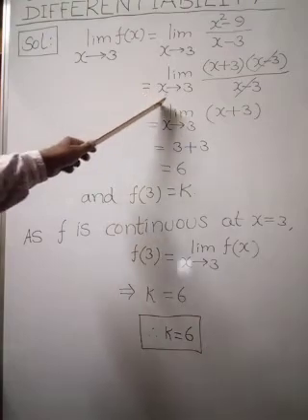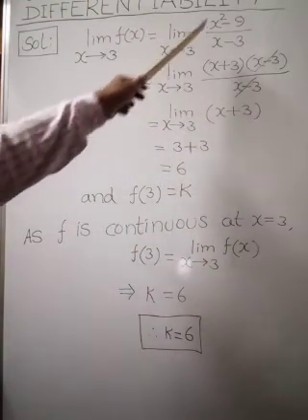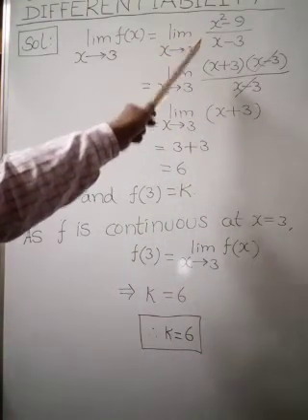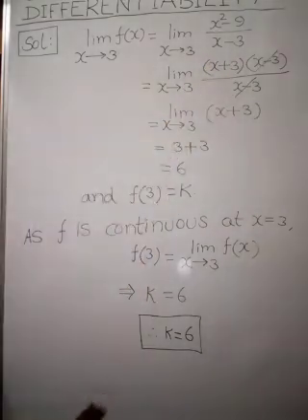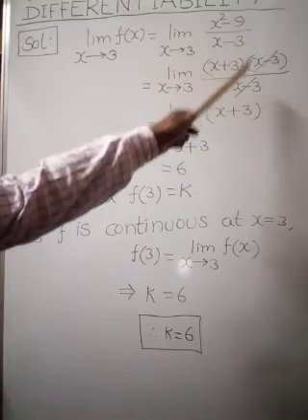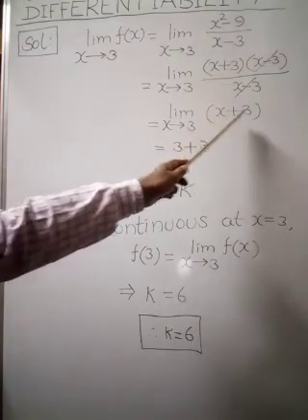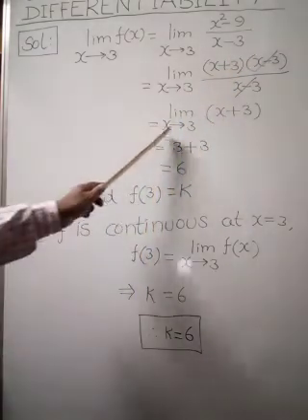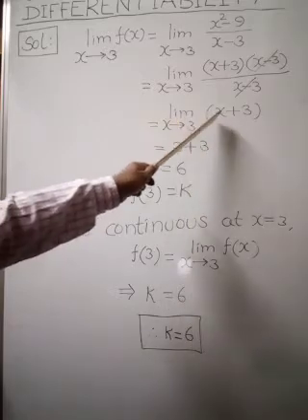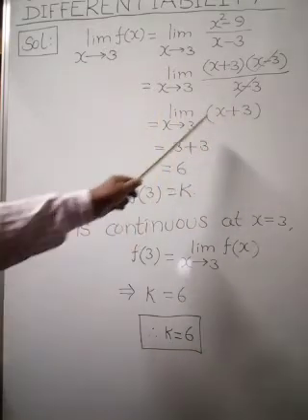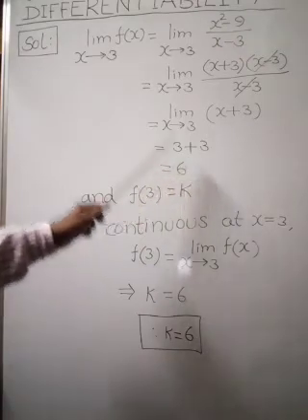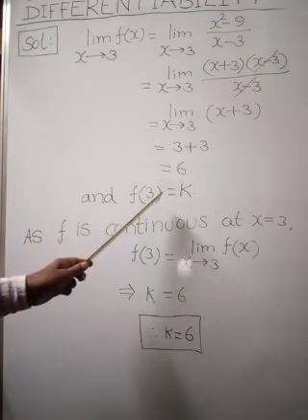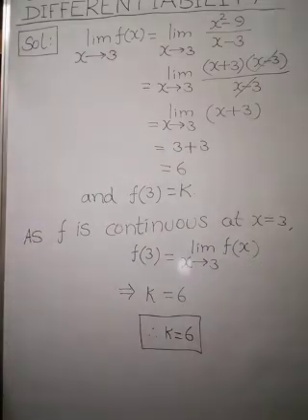That is equal to, as x tends to 3, limit numerator can be written as x plus 3 into x minus 3 whole divided by x minus 3. By striking out x minus 3, we get here only x plus 3. So as x tends to 3, limit x plus 3. Now substitution method. 3 plus 3, 6. So this is the limit of this function at x is equal to 3.